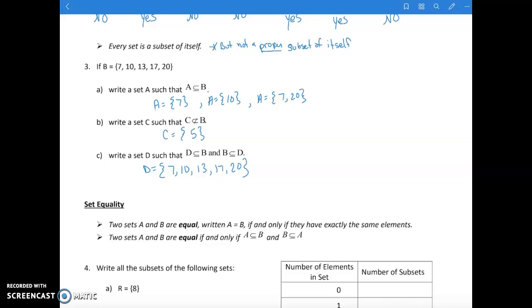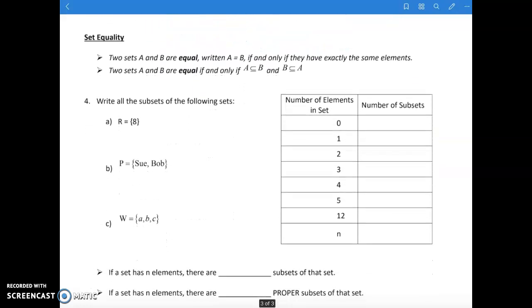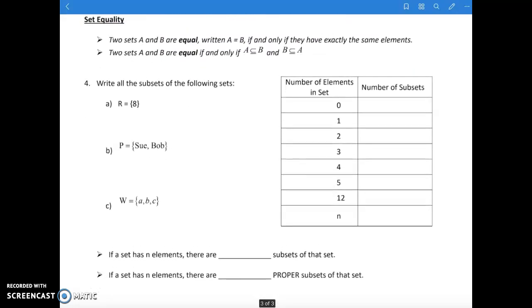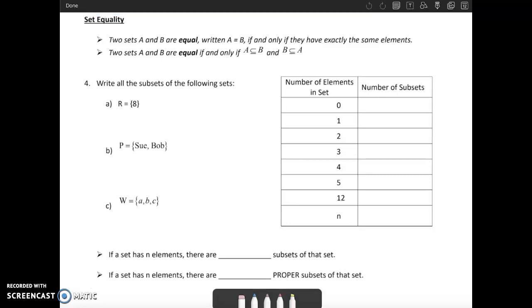Because there are several. Let's explore that idea by starting with set R that only has one element, the number 8. Let's write down all of the subsets we can think of. Any set I write down to be a subset of this has to have every element also in R. We know by definition that the empty set is a subset of every set, so I can always write down the empty set.